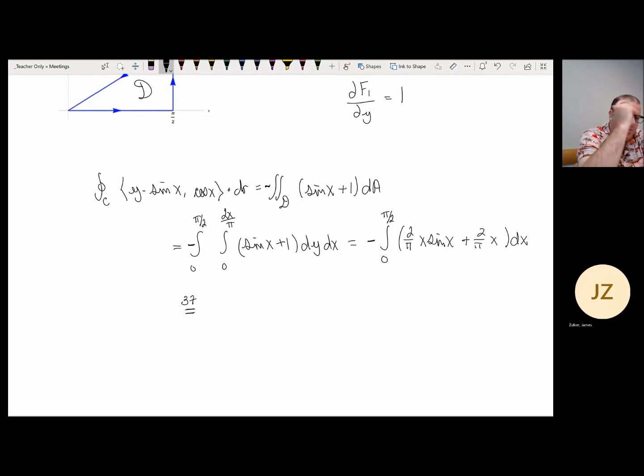By formula number 37, that antiderivative, we get 2 over pi times sine x minus x cosine of x.